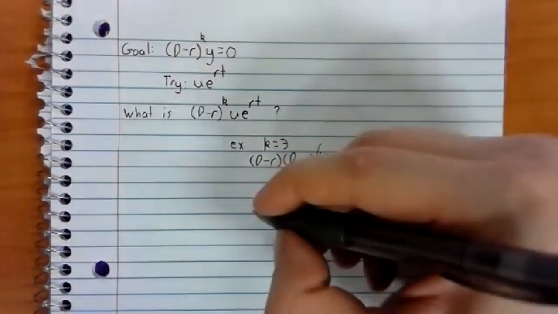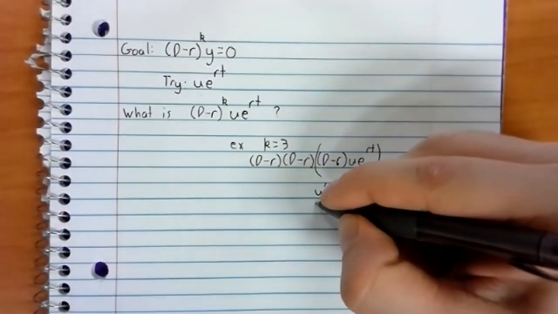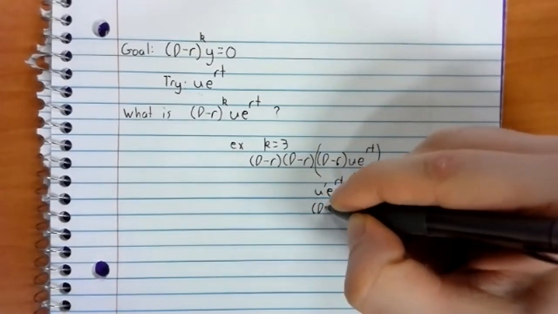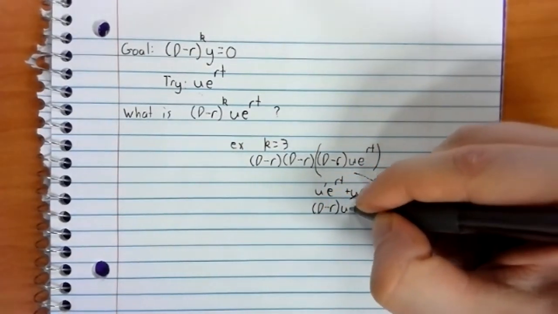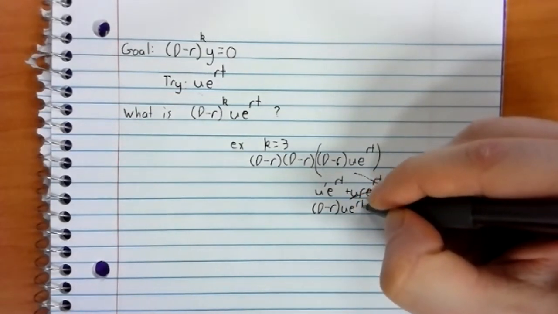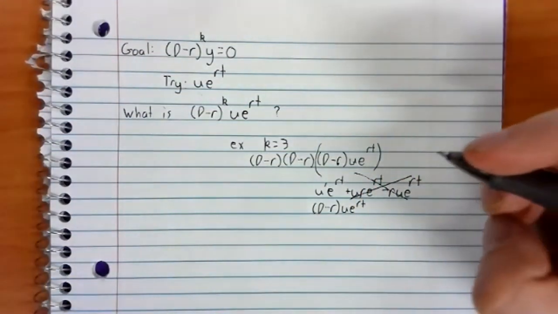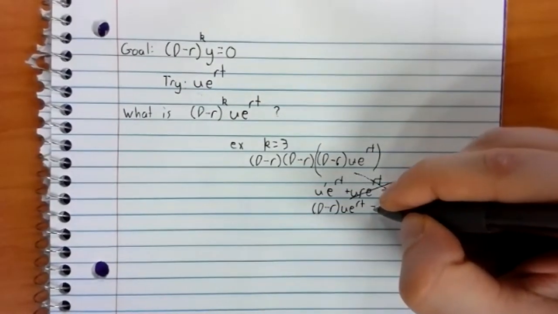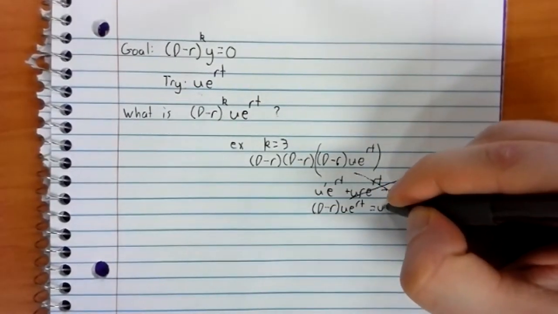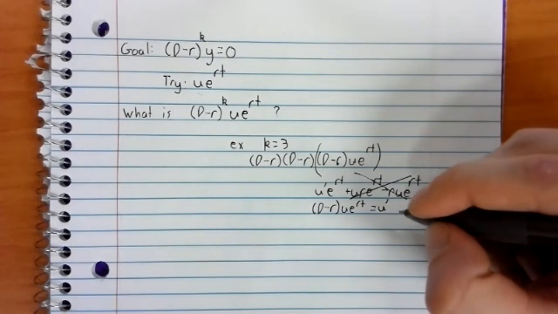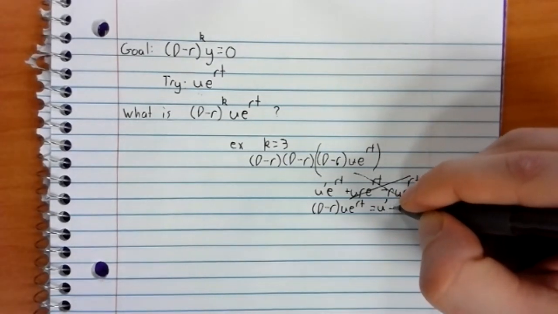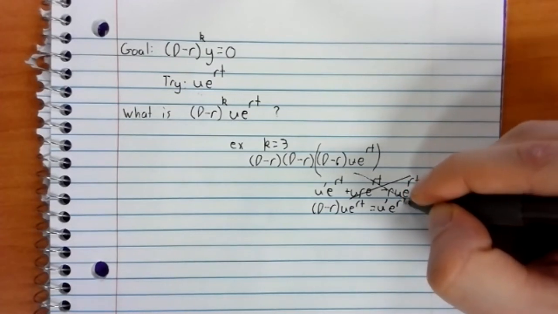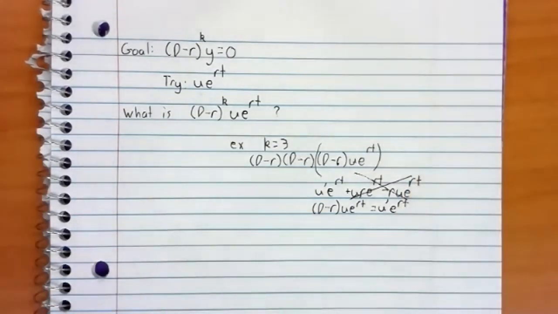So we find that (D minus r) u e to the rt is u prime, the derivative of u, times e to the rt.